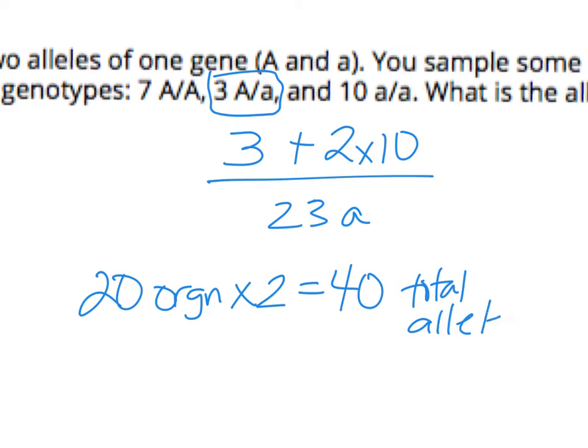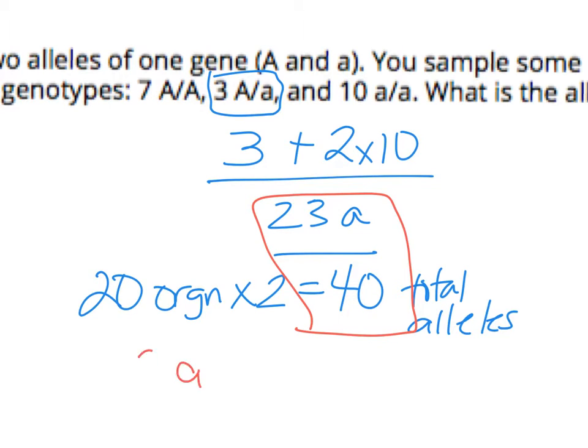So you've got 23 over 40. I don't think we can reduce that any further, so we call it 23/40ths, or 57.5% if you want to use your calculator. So the allele frequency of little a is 0.575. 57.5% of the alleles in the population are little a's.